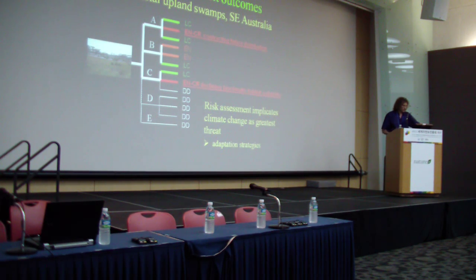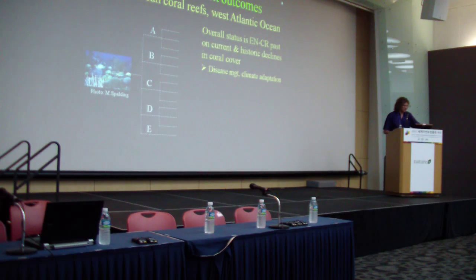So for the risk assessment, we take the 2 highest criteria that yield the most extreme levels of risk as the overall status, and the risk assessment implicates climate change as the greatest threat, and therefore a focus of future efforts should be adaptation strategies to deal with that change.